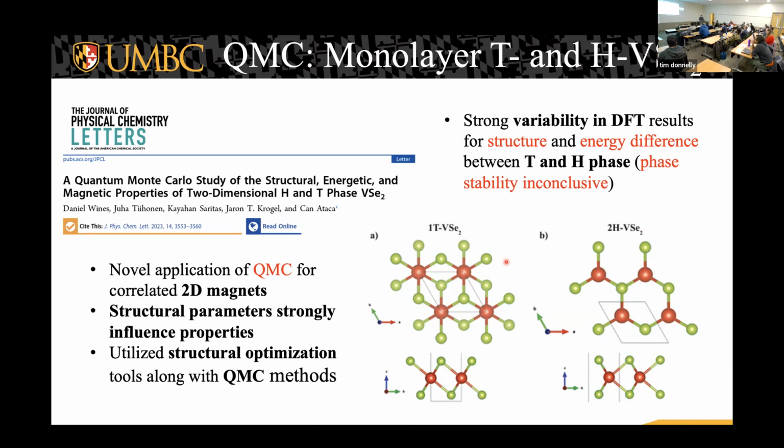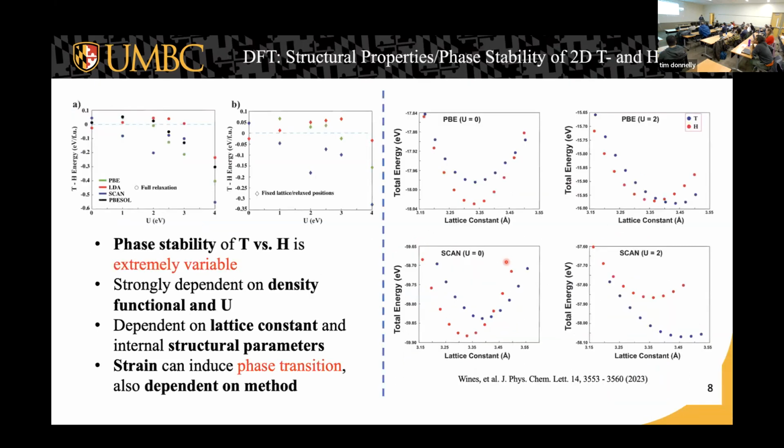Beforehand, we were just doing lattice relaxations, just increasing the lattice parameter a little bit. But what we have seen is, this is the energy difference between T and H phases, and you have different functionals here.